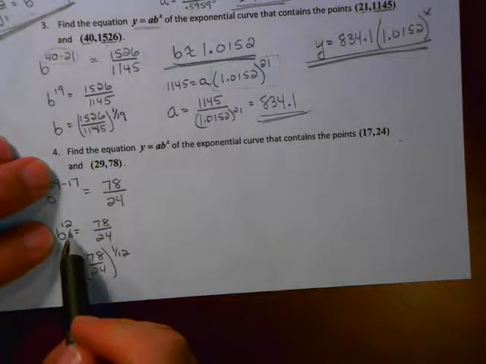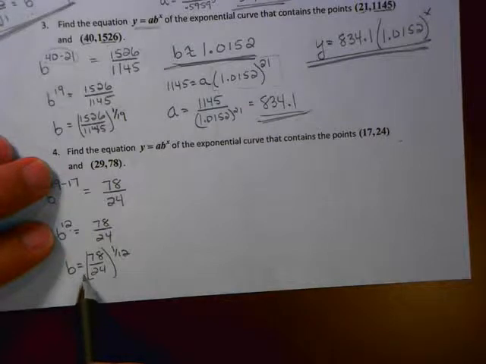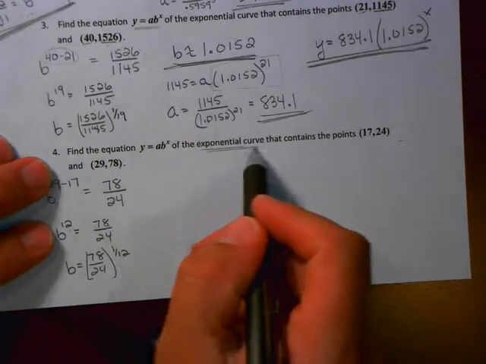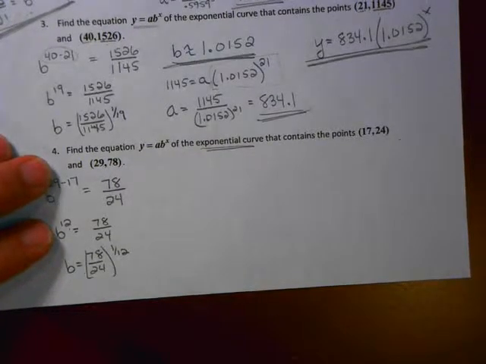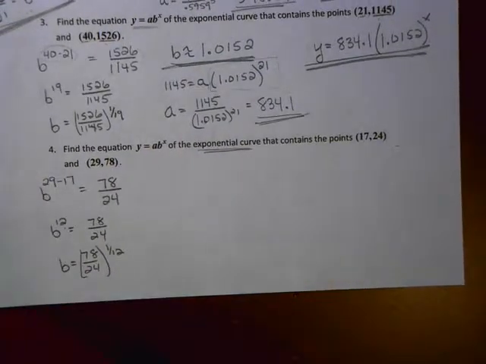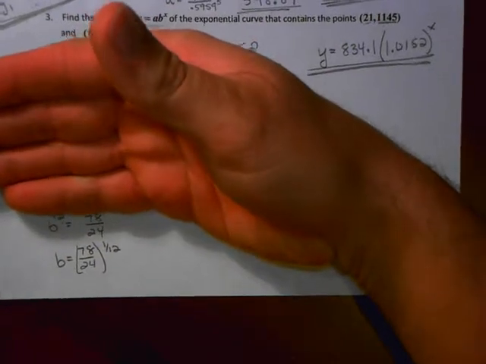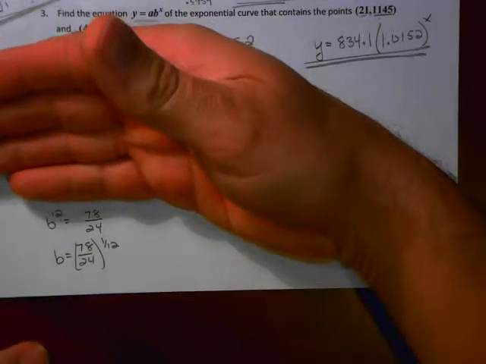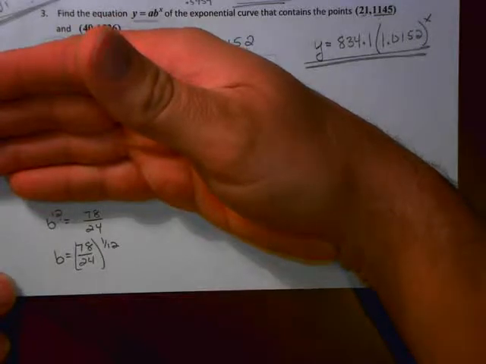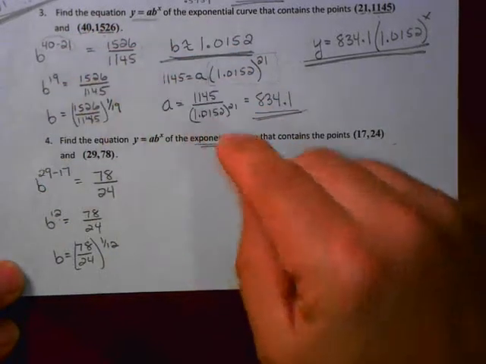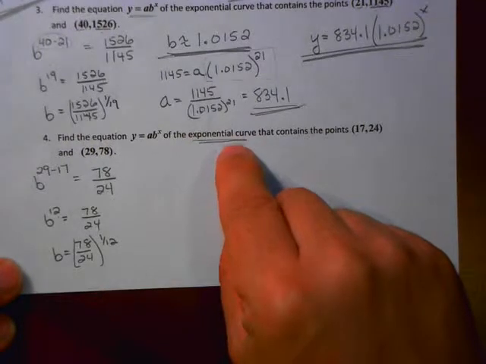And again, because this is even, it's really a plus or minus, but because I'm looking for an exponential curve, I'm only taking the positive. If the problem was just this part here, and it said to solve that equation, you would have to have both answers. The reason we're only taking the positive is because we're looking for an exponential curve.